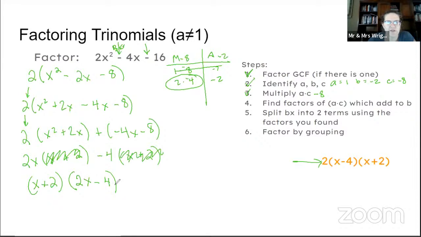You could factor out the 2 from this still, so you didn't need to put that 2 on the inside. You could leave the 2 on the outside and do x plus 2 and then x minus 4. Okay, so you didn't have to stick that x in with it. You could have just brought it down by itself.